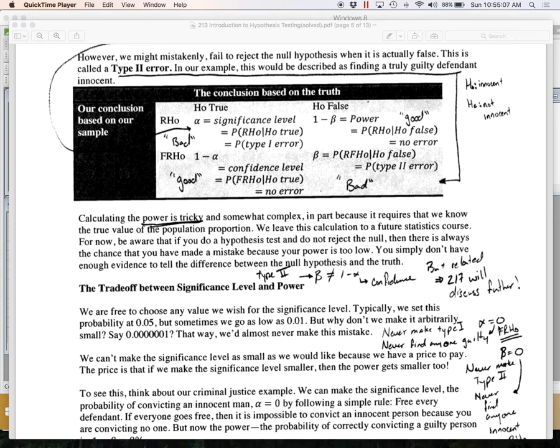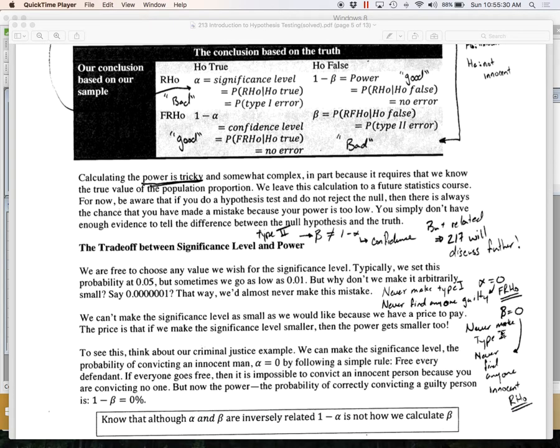Remember when we were talking about confidence intervals, why don't you have your confidence be 100%? Well, it just means that you get meaningless intervals. Here in a hypothesis test, if you set alpha equal to 0 because you never want to make a type 1 error, it just means that you will always fail to reject the null hypothesis. Don't even bother running the test. Just say the null hypothesis is true.